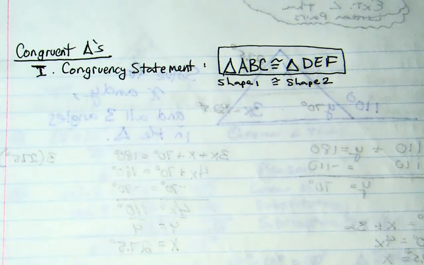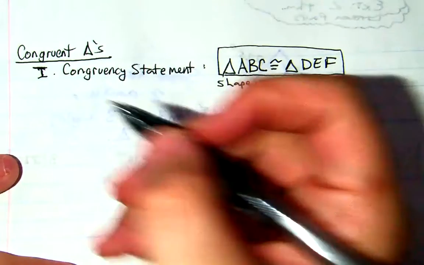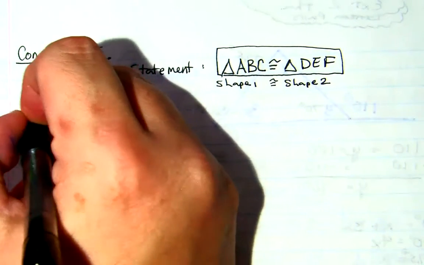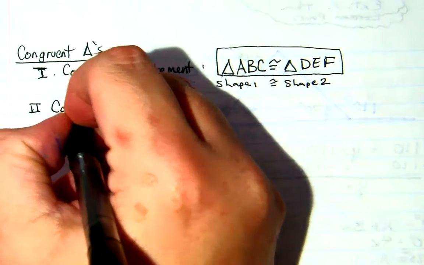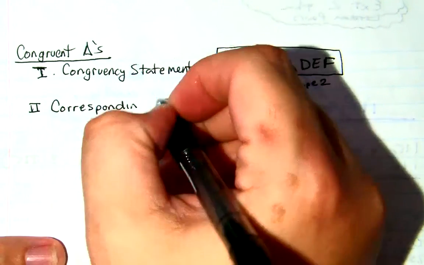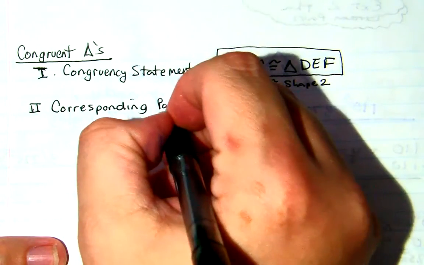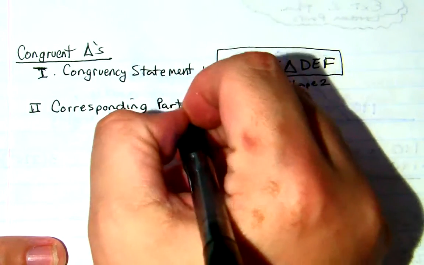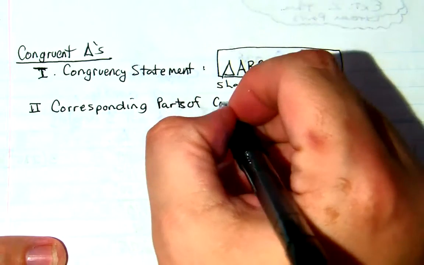Now, the important thing is, everything that congruent triangles have to deal with has to deal with corresponding parts. So we'll talk about corresponding parts of congruent triangles.